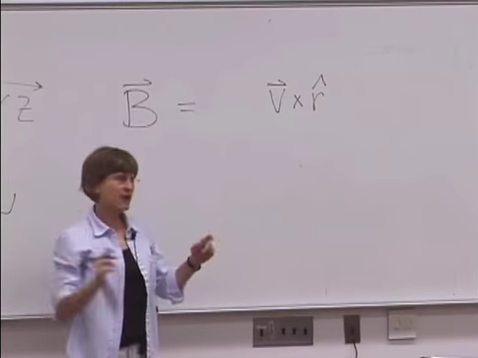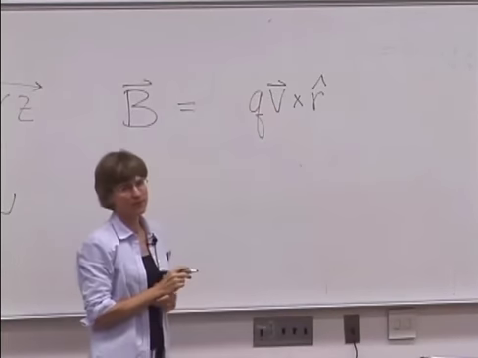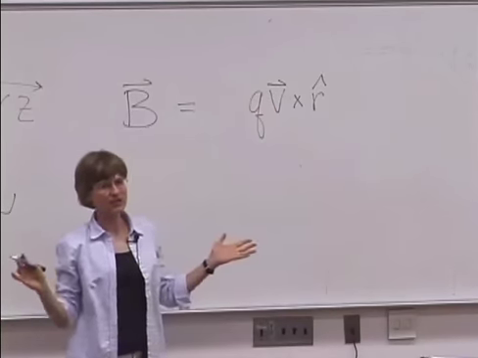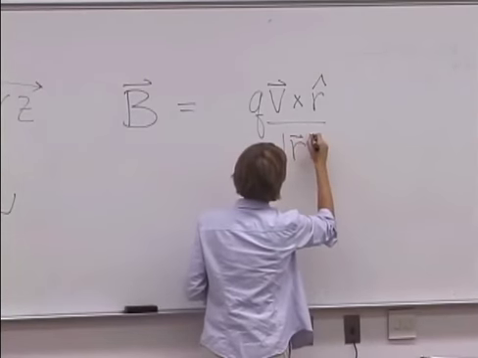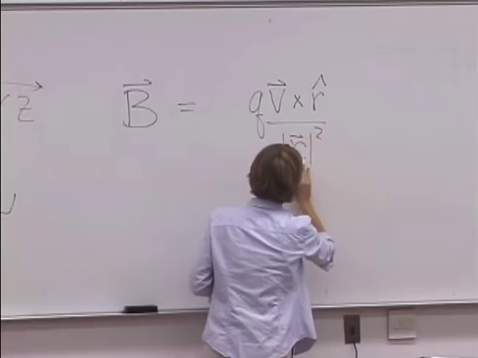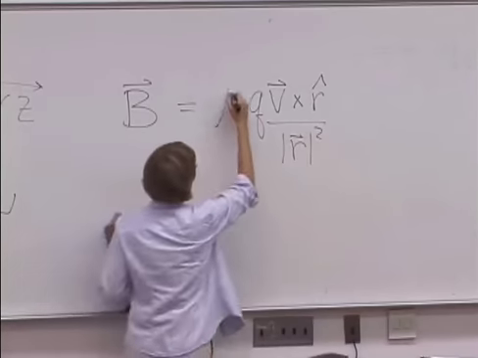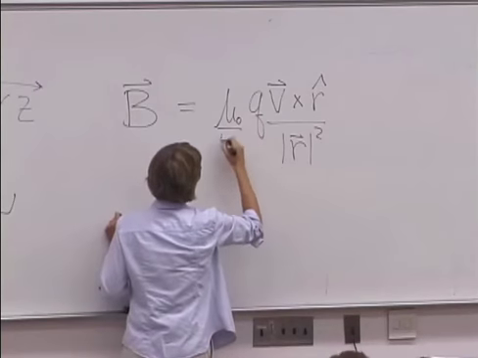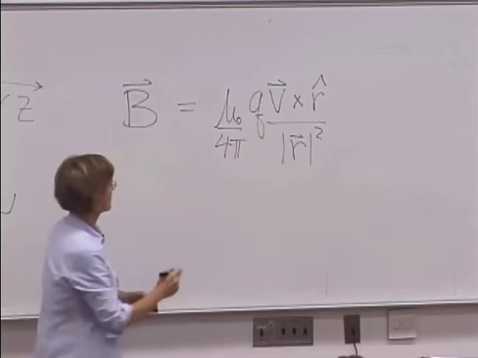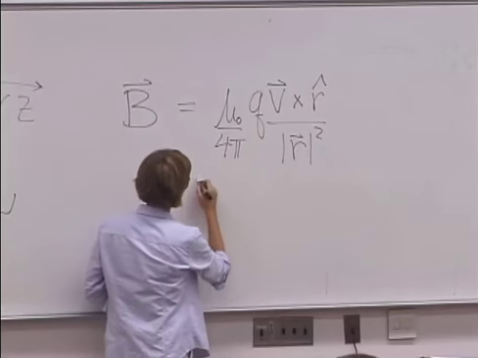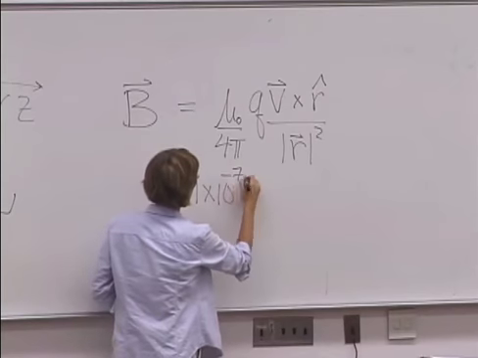We decided the charge mattered, so there's a Q here, which could be a plus or a minus number. Not surprisingly, it falls off like 1 over R squared, so there's a magnitude of R squared. And then there's a constant, which turns out to be called mu 0 over 4 pi in SI units. This thing has the value of exactly 1 times 10 to the minus 7.